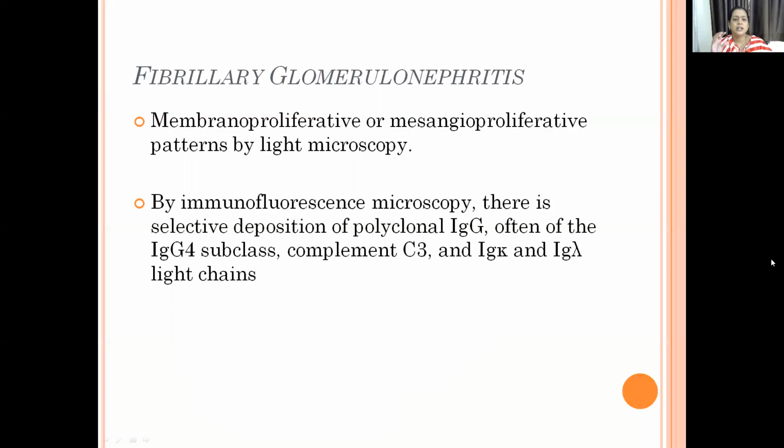Okay, so fibrillary glomerulonephritis is different from the amyloid type of glomerulonephritis because it does not stain with Congo red. They are not a part of amyloid, right? Remember this. So there is deposition of immunoglobulin kappa and lambda light chains. Fibrillary glomerulonephritis should be differentiated from amyloid nephritis.